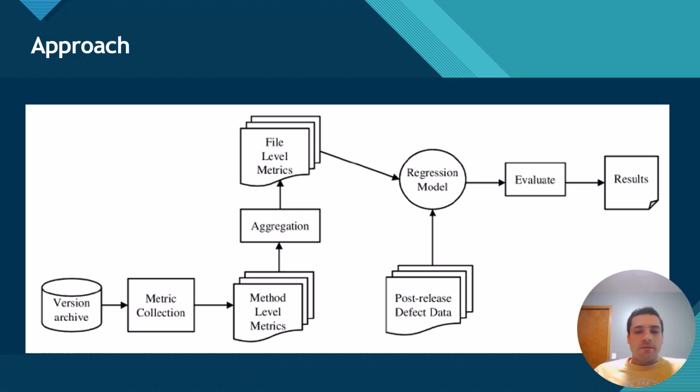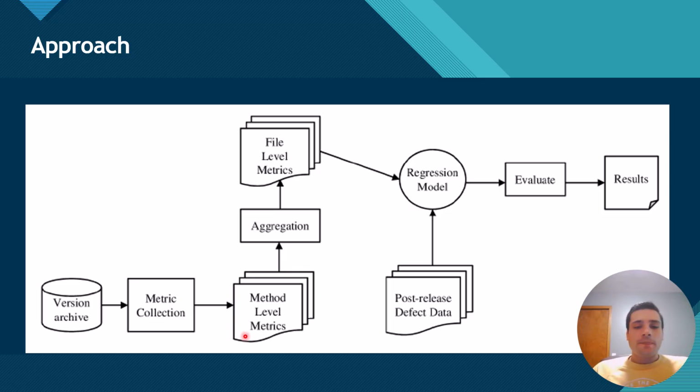Now this diagram here shows the approach that the researchers used in their research. So this version archive here is essentially using the different versions that they looked at in terms of JEdit and Eclipse and Apache Ant. So they would take that and they'd perform metric collection at the method level using the method level metrics.